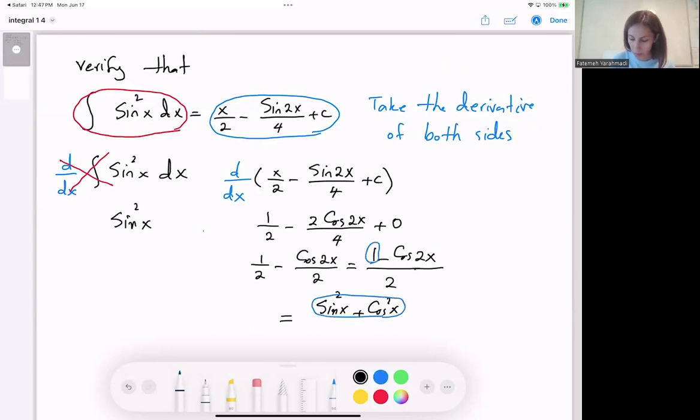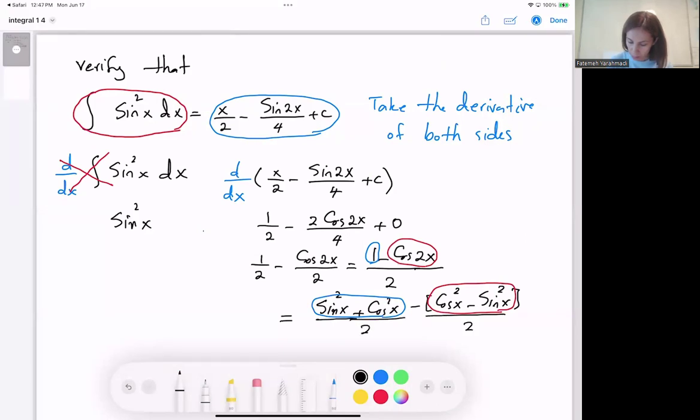I'm going to copy down negative cosine 2x. But from pre-calculus, remember that cosine 2x can be written as cosine squared minus sine squared. So you have negative, let's open a bracket, cosine squared of x minus sine squared of x. So this is your cosine 2x. And all is divided by 2.